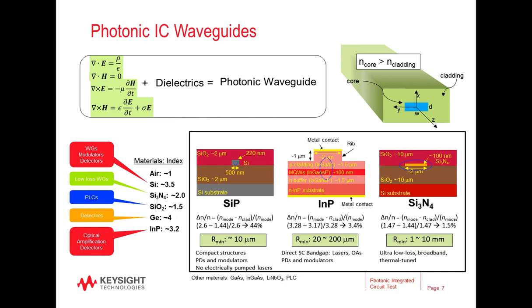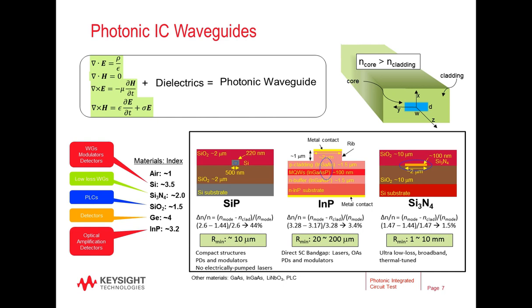Starting with silicon photonics, and that should be SiPh, and it's not silicon phosphide, silicon photonics, written under that view there on the left. This platform advantageously leverages industry's low-cost CMOS platform. Due to the large delta N, the index, between the core and cladding, we're able to make very, very tight bends.